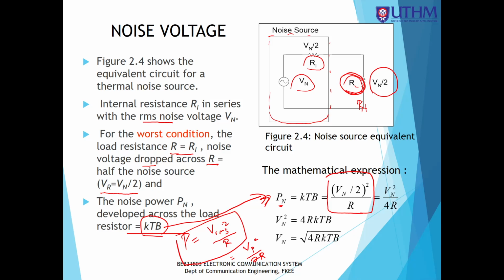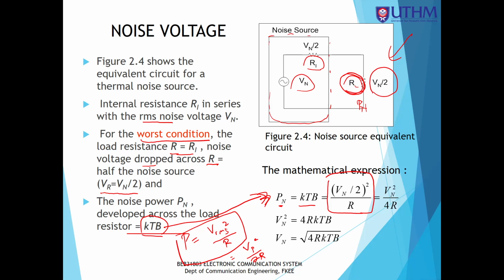So how much is the voltage? The voltage is defined during the worst case scenario, which shows the highest noise voltage. During the worst case scenario, Pn is equal to KTB, and this is equivalent to Vn over 2 squared divided by R. Vn over 2 is the voltage drop at the load resistance during the worst case condition.